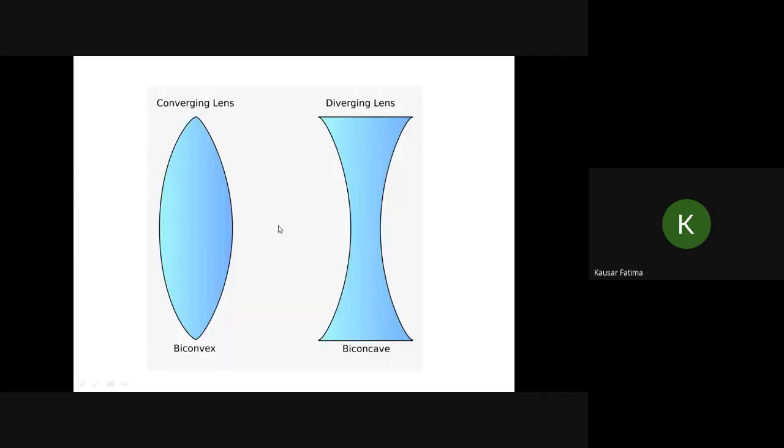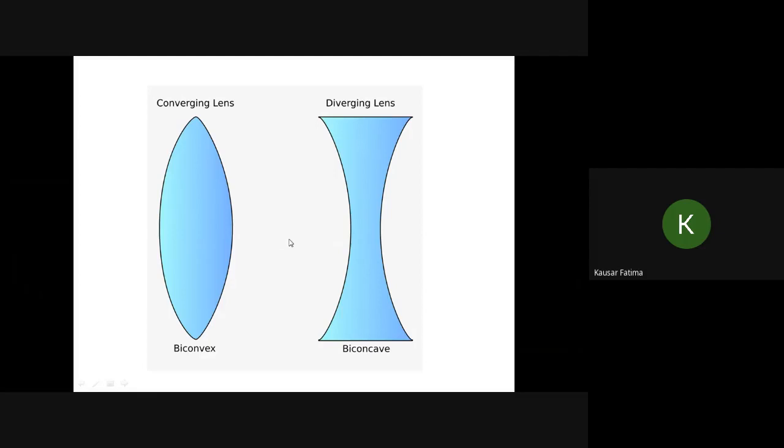These are the two lenses shown again, converging and diverging. This is a biconvex lens, both surfaces are convex, and this is a biconcave lens, both surfaces are concave. A convex lens has the surface bulging outward, and a concave lens has a surface which is curved inwards.